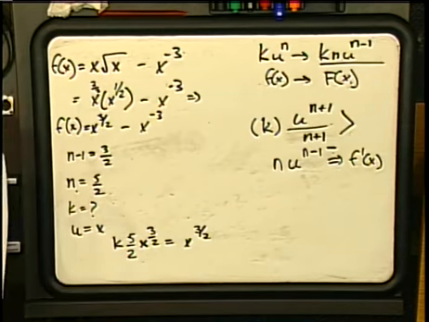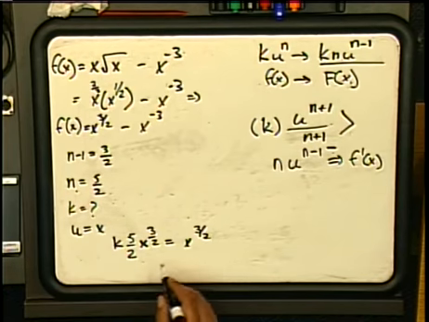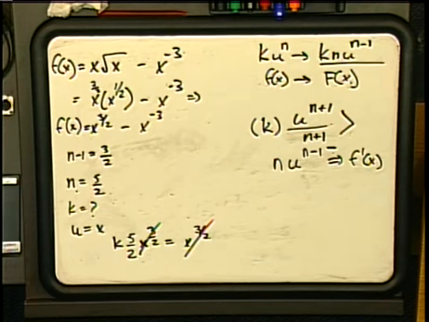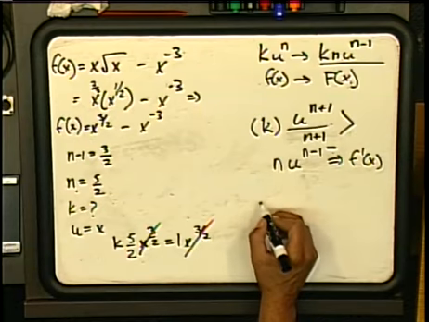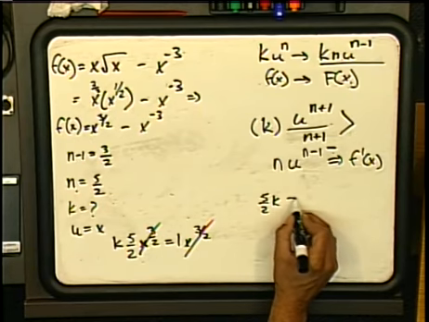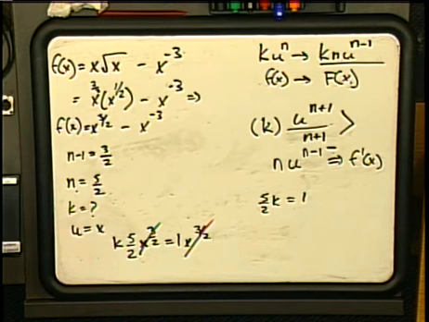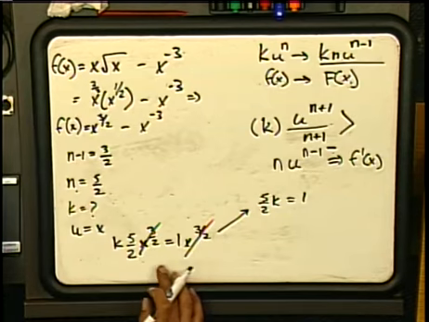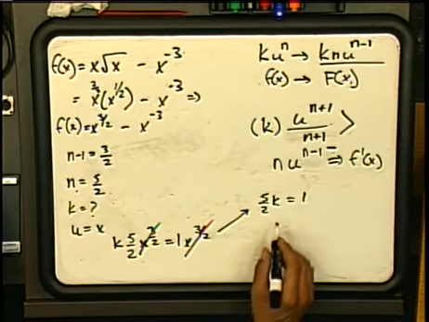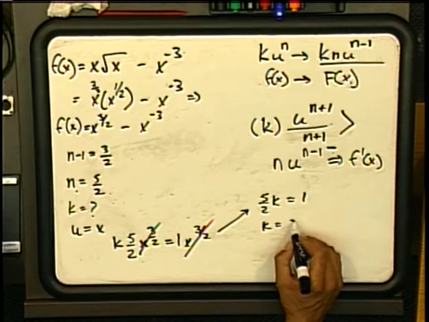And then you want to find k. So this x to the 3/2 cancels, the same on both sides. You got your 1 right there. So basically 5/2 k equals 1. You see that? And then solve for k equals 2/5.